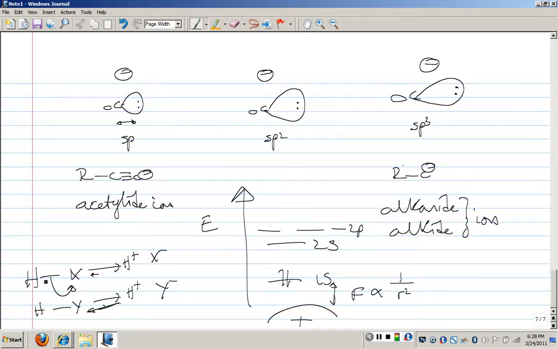So a strong acid must be associated with a weak conjugate base. A weak conjugate base is another way of saying a stable conjugate base. And how does the base stabilize itself? By dissipating electron density. So we're going to come back to that idea next, that a strong acid must be associated with a stable or weak conjugate base. Okay.